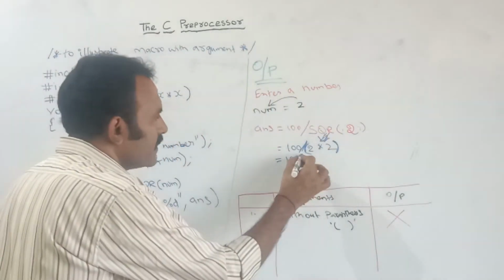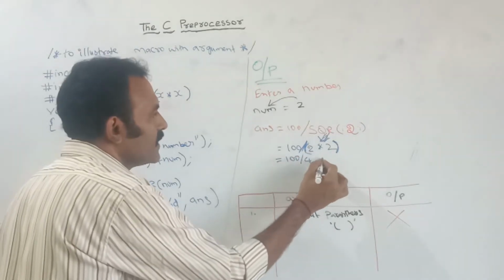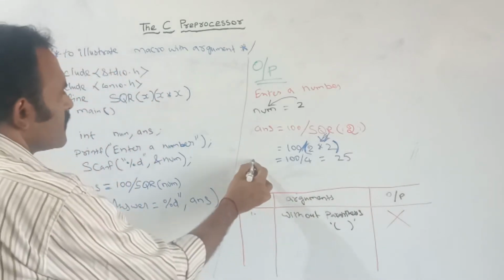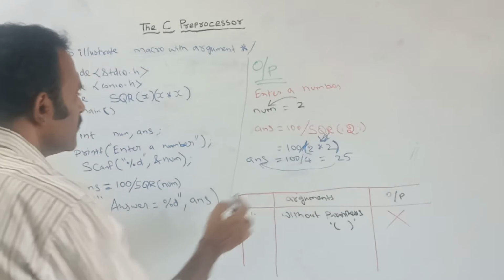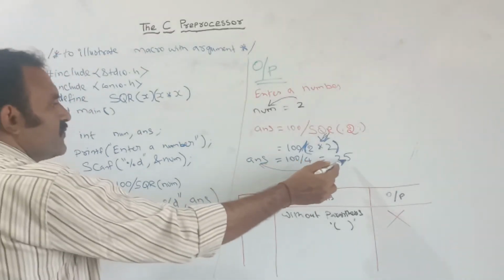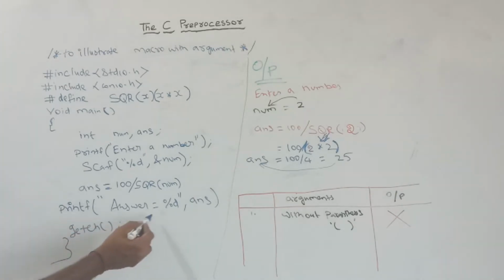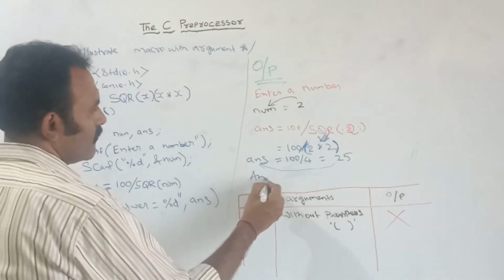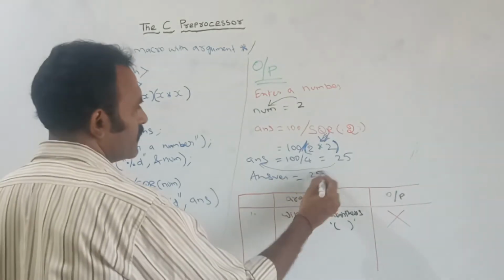So 100 divided by next 2 into 2, that is 4. The result is how much here? 25. So the result 25 is stored to the variable ANS. Now at last, it will print answer is equal to how much? 25.